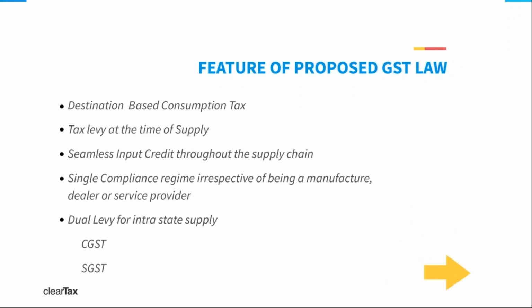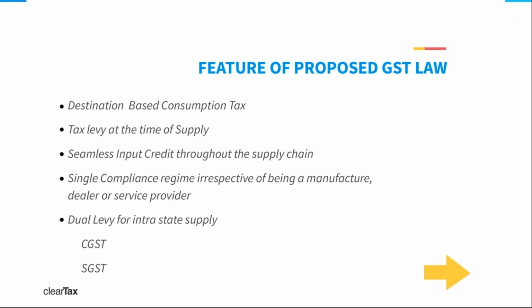Now, coming to the features of the proposed GST law. It's a destination-based consumption tax. This is very critical and very important to understand, because today the principle is not destination based. It is origin based. Wherever the goods originate from, tax will be collected in that particular state.